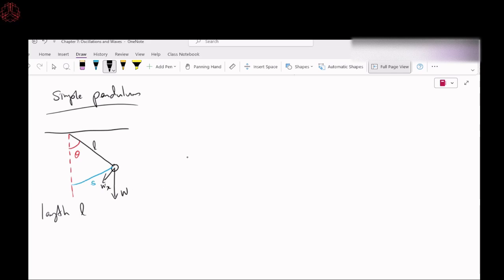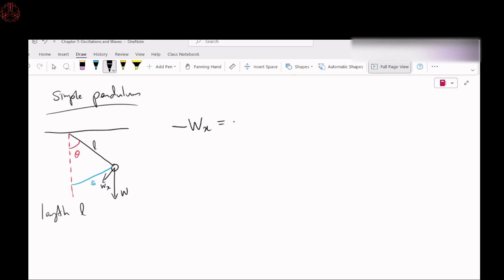Okay. So now I want to ask, what is pulling the pendulum? What force is acting onto the pendulum? And I'm going to equate it to ma. So the force that is making the pendulum move is simply going to be negative W sine theta, or negative Wx, right?